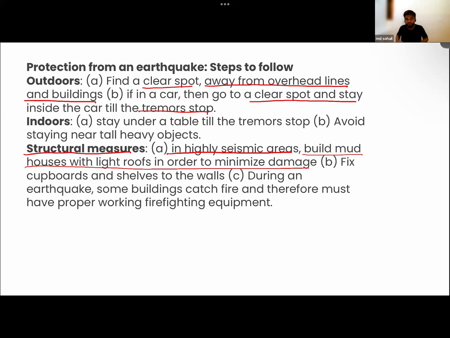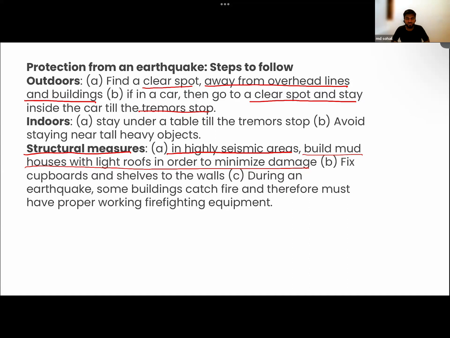So you guys tell me, people of which areas are prone to more damage done by earthquakes? Villages or cities? The cities. Yes, Ahmed.